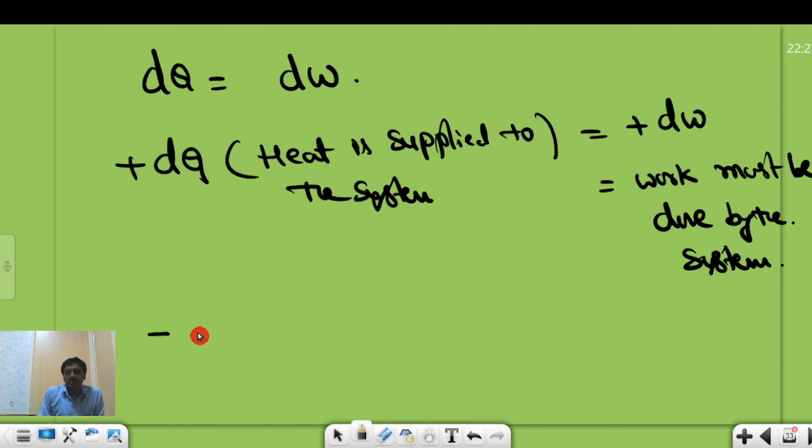Negative dq means the heat is ejected from the system, then negative dw will come, work is done on the system. So that means if we are performing work on the system, heat will be ejected from the system. If work is done by the system, heat must be supplied to the system. That is the very important conclusion in the isothermal process.